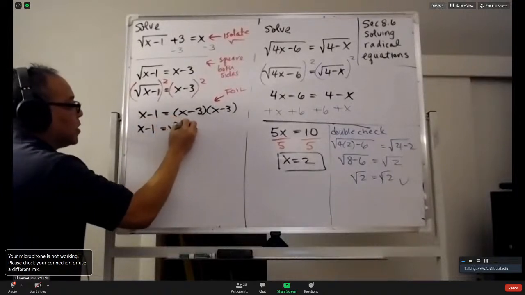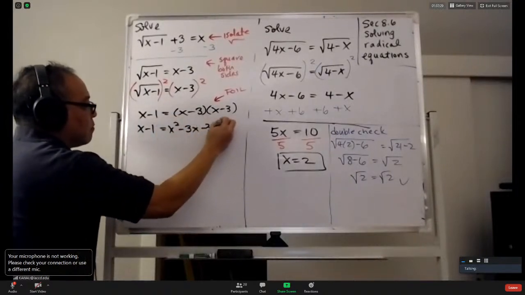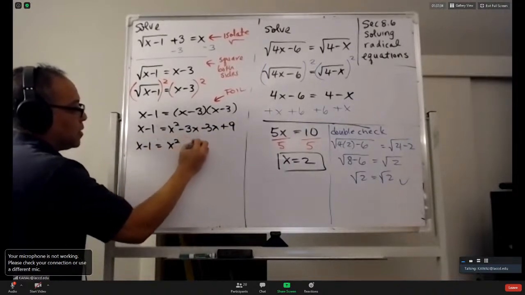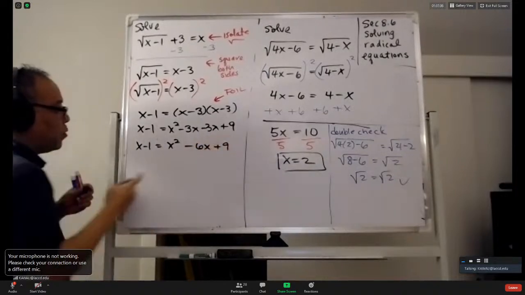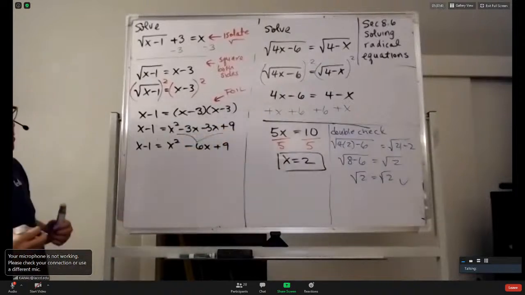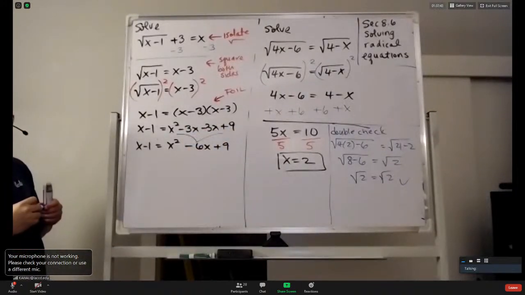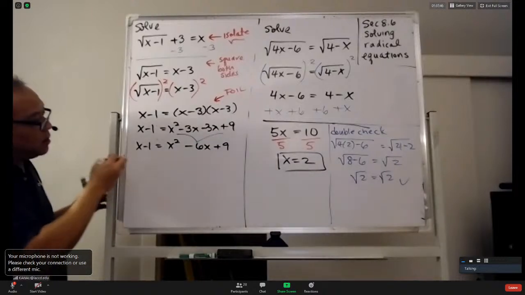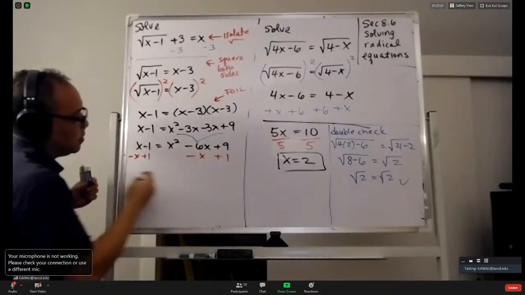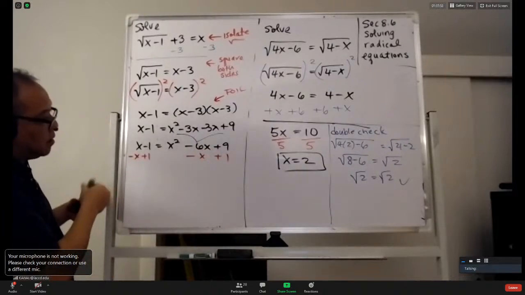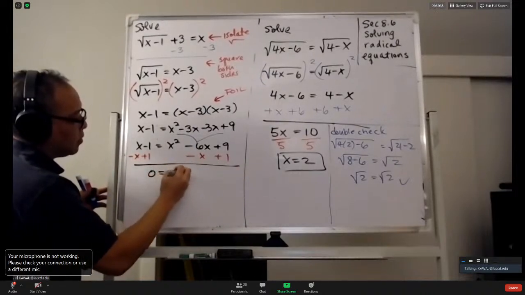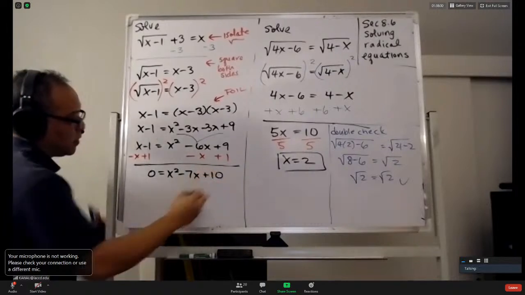I get x squared minus 3x minus 3x, so x squared minus 6x. The way I got the 6x is I just combined like terms over here. So I get minus x plus 1, minus x plus 1, 0 is equal to x squared, like that.